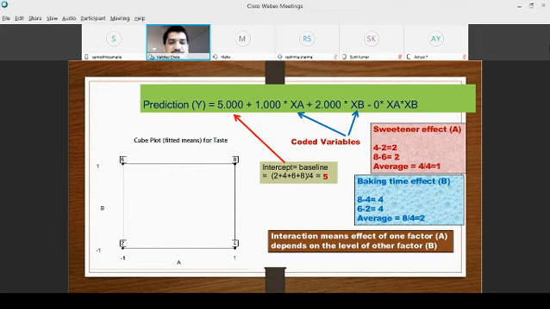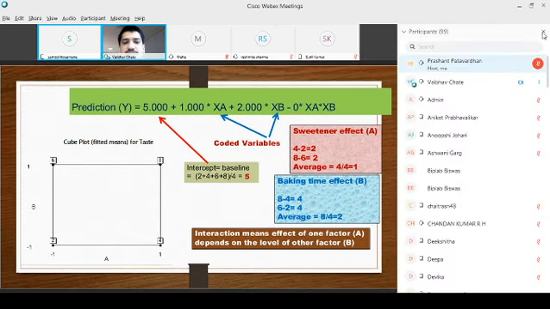Interaction effect is nothing but the difference between b plus and b minus for the a, and interaction effect for b will be a plus and a minus. That means if I am going to consider the interaction effect for a, that means 8 minus 2 is 2, minus of 4 minus 2 is 2, that means 2 minus 2 will be 0.